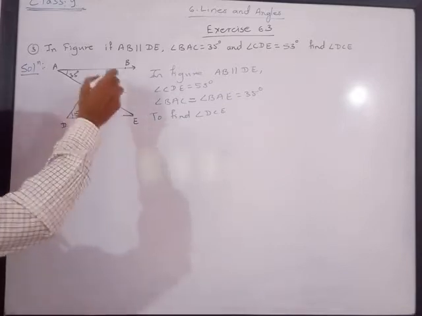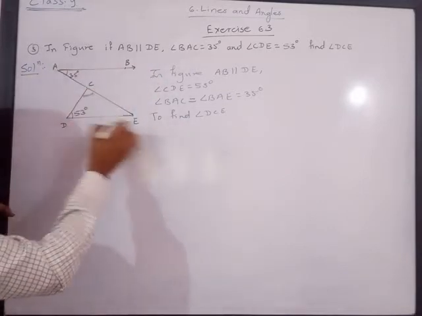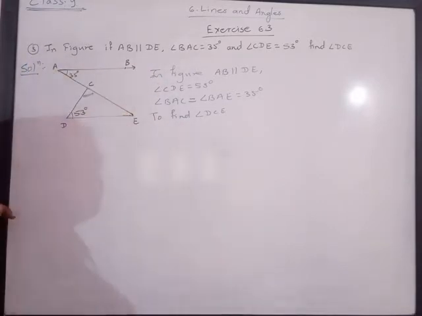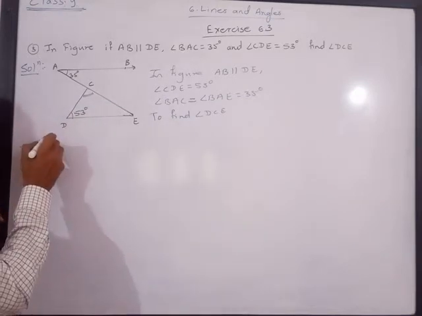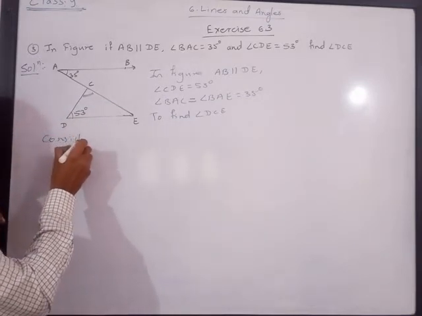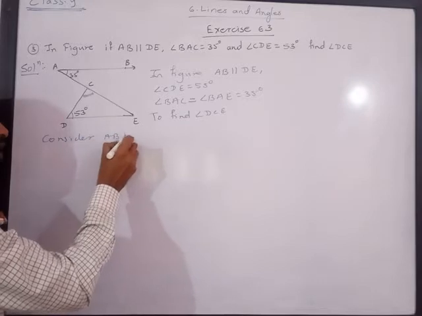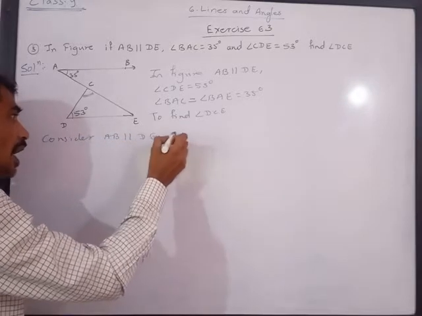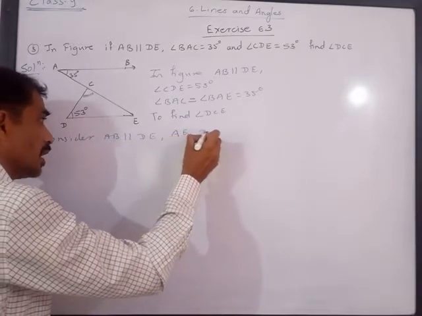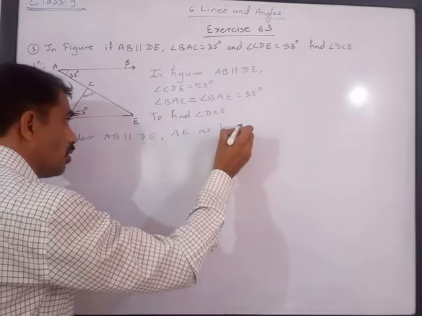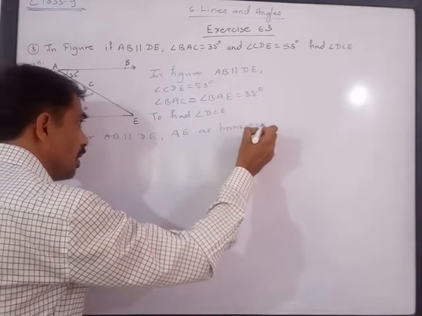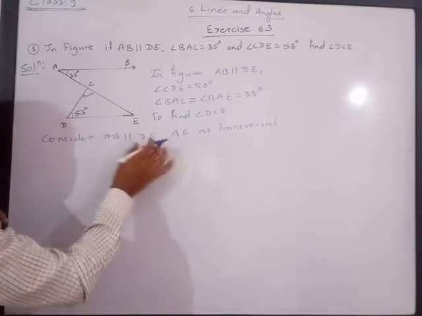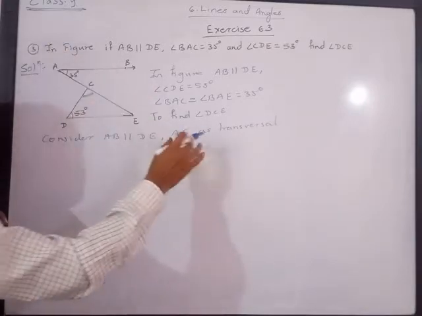Now watch carefully. AB is parallel to DE. We can consider AE as a transversal. Consider AB parallel to DE and AE as transversal. Don't look at the other part of the figure. Only look at these parts. Three lines: AB parallel to DE and AE as a transversal.